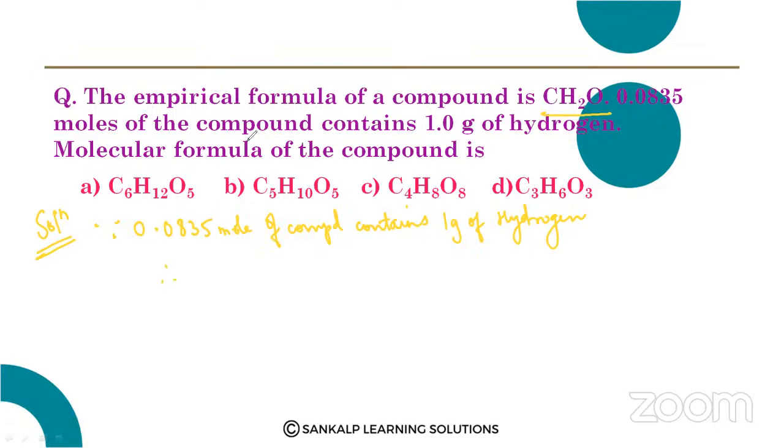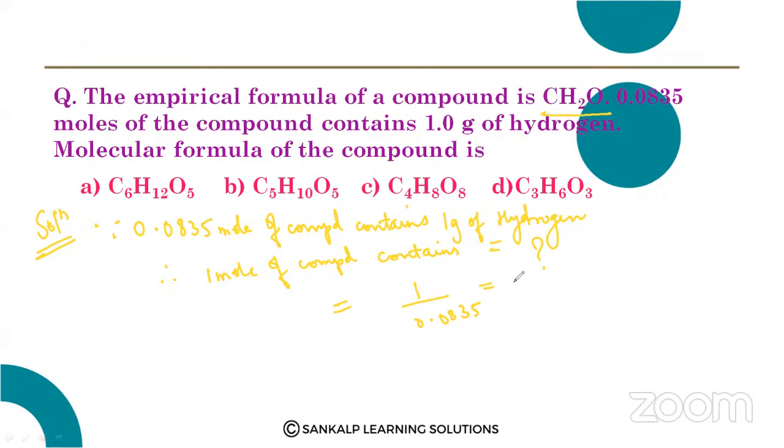We have to find it for 1 mole. So 1 mole of compound, how much does it contain? Just multiply: 1 divided by 0.0835. How much does it come to?